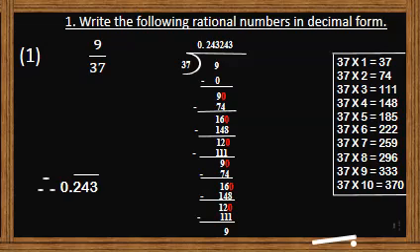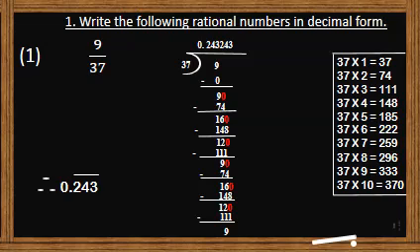Here the next step is very crucial. Now we will put a point, a decimal point, in the quotient. After the 0 we will put that point.